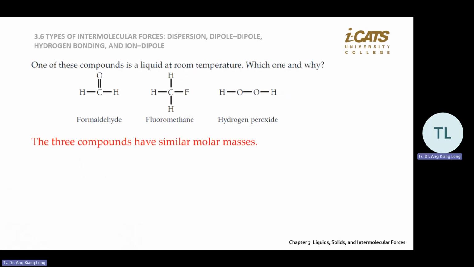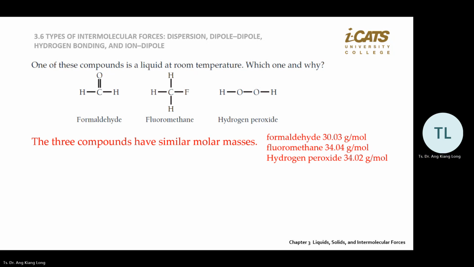So for the explanation, if you calculate molar mass, it will be almost similar, right? For chapter 3, the first step is you need to calculate molar mass. Anyhow, if the question asks you about intermolecular force, the first step usually is you calculate the molar mass.